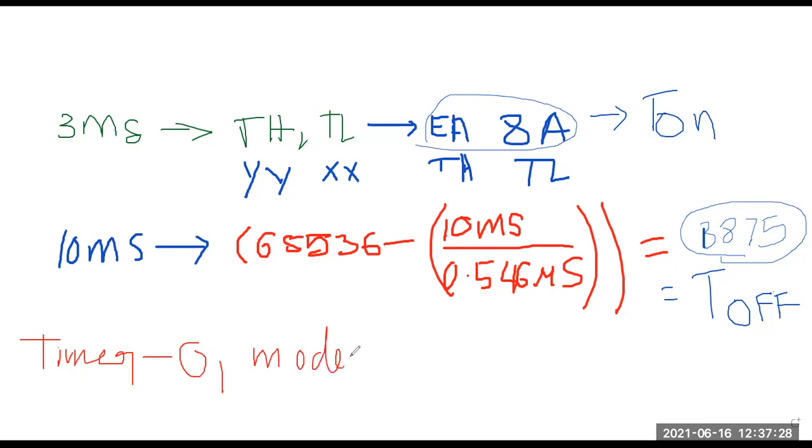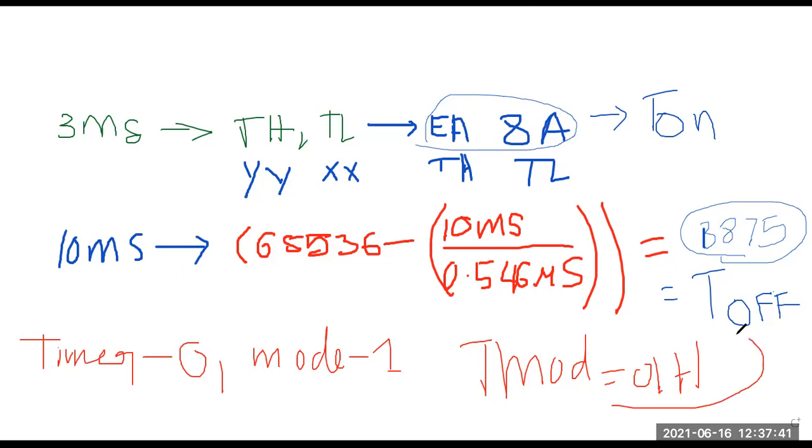Timer 0 in mode 1 means, as I already told yesterday, the TMOD value we should load is 01H. 01H is the value you need to load to the TMOD.